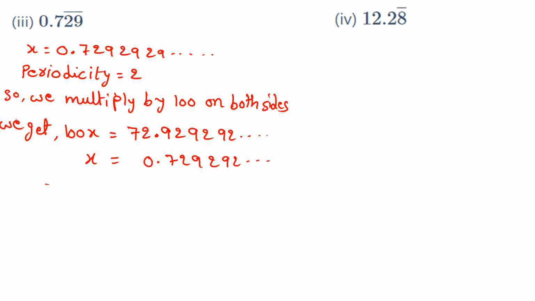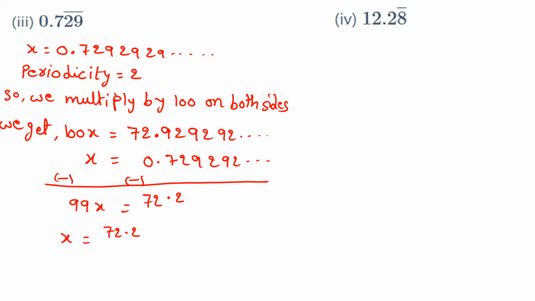Now subtract these two numbers. By subtracting we get 100x minus x, that is 99x equals to, 72.2, right? So now x equals to 72.2 by 99.